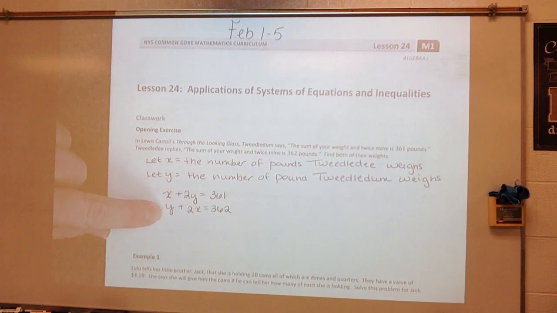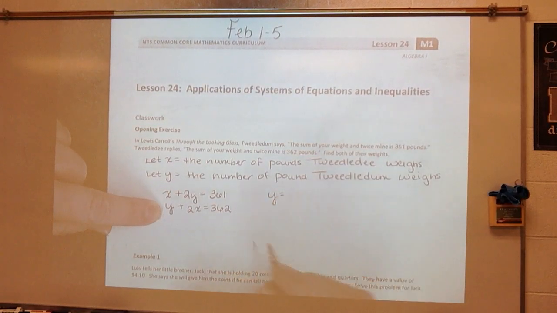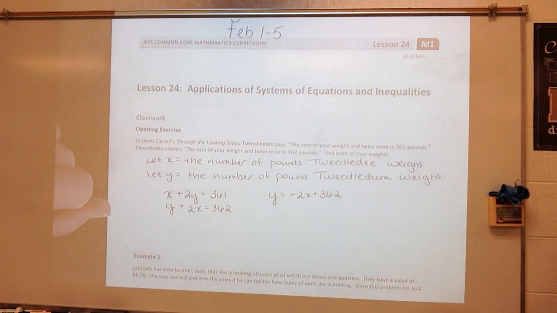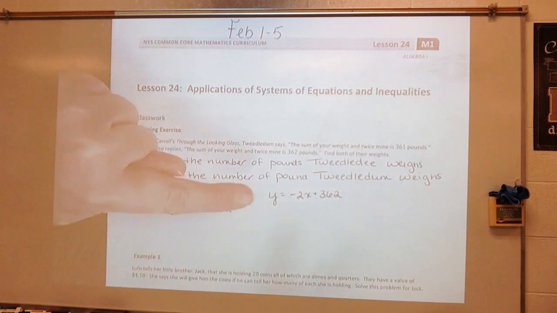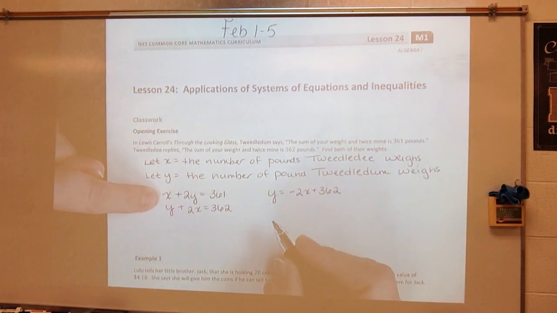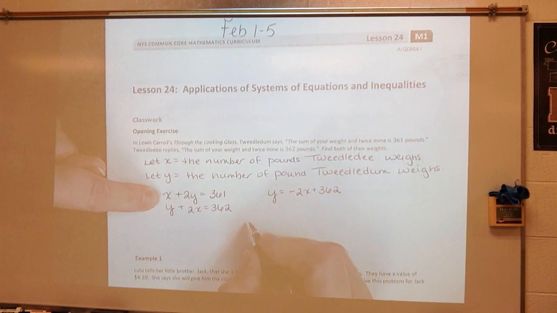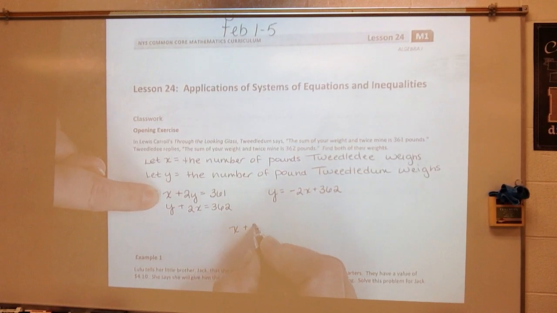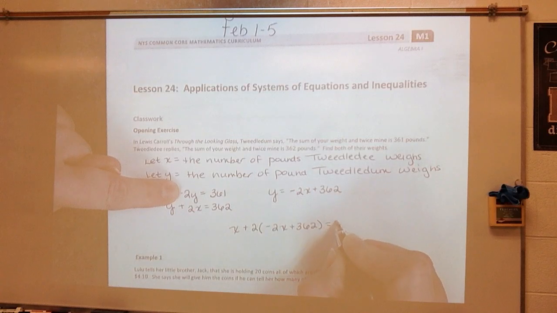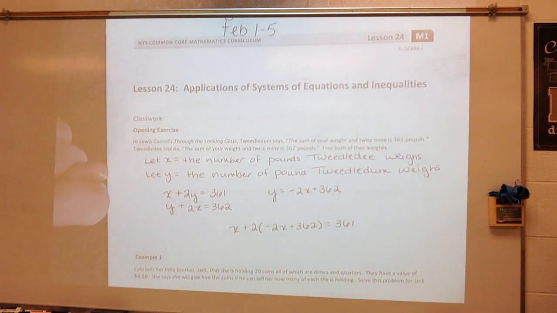So if I figure out what y is, if I subtract 2x from both sides, I get y is equal to negative 2x plus 362. So I can now substitute that into my equation. So x plus 2 times negative 2x plus 362 is equal to 361.